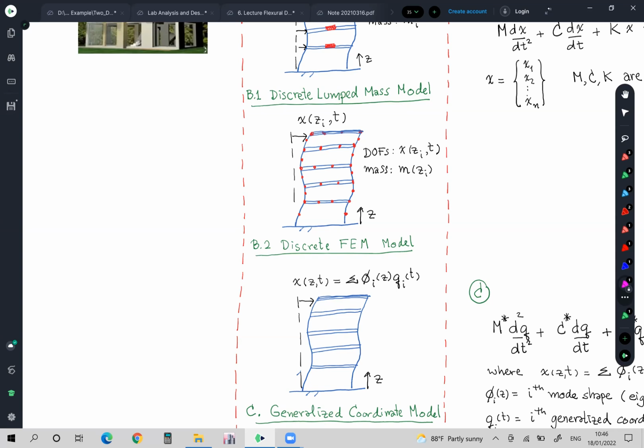At each node, you will define the degrees of freedom. And the same thing applies for static analysis and dynamic analysis. The same degrees of freedom are defined for this discrete finite element model as well.